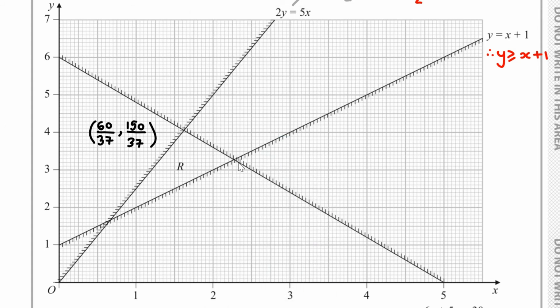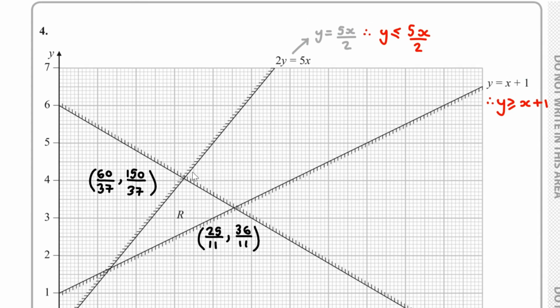So that means this coordinate here is 25 over 11 and also 36 over 11. And now if we find this coordinate here, we need to solve this equation simultaneously with this equation.